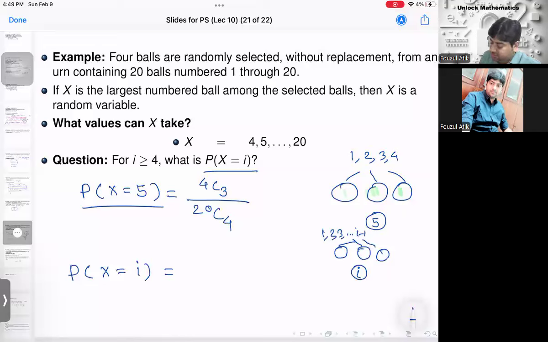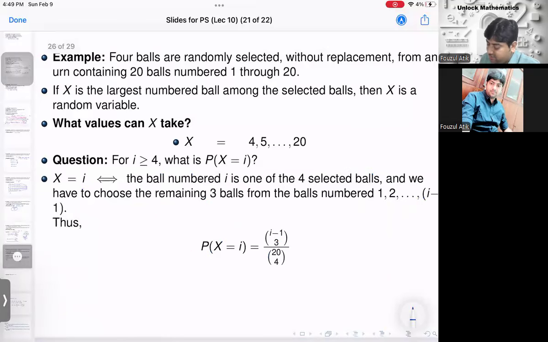How many ways is it possible? It is i minus 1 C3, divided by 20C4, the total number of ways. So P of X equal to i is i minus 1 C3 divided by 20C4. I hope it is clear. You can put any particular value, i equal to 4, 5, 6, and get its probability.